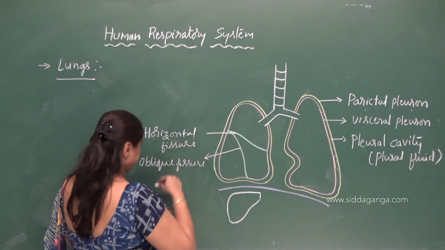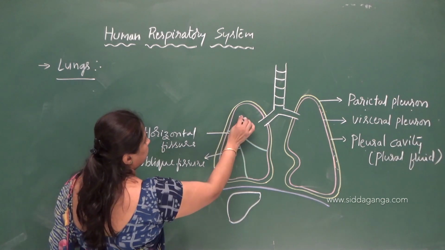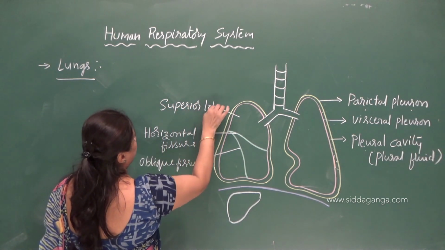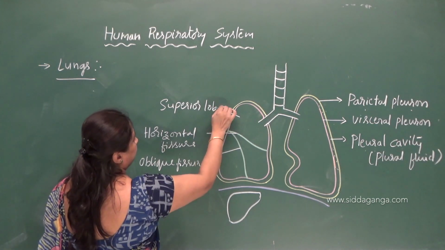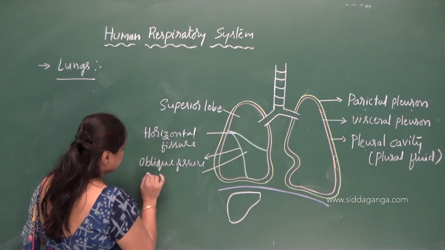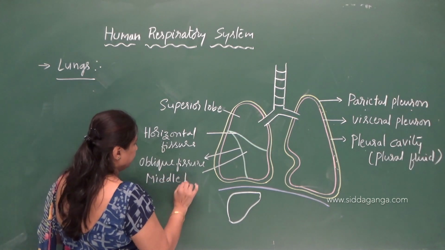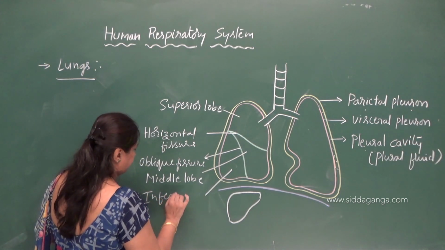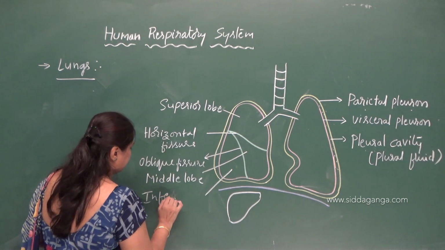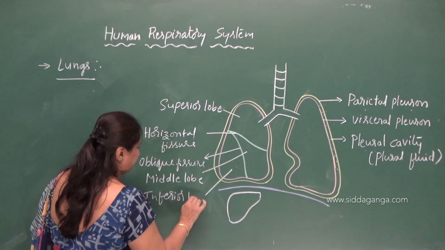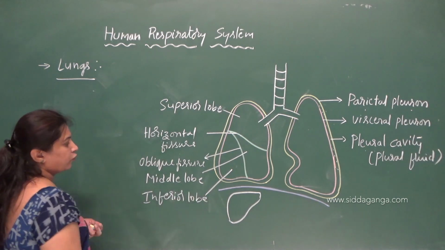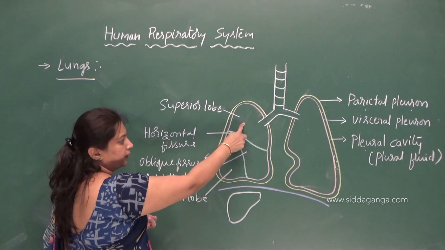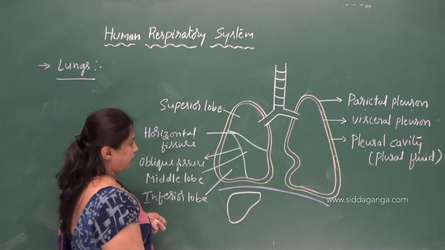This lobe is called the superior lobe, this one is the middle lobe, and this one is the inferior lobe. So how many fissures? Two fissures. How many lobes? Three lobes.